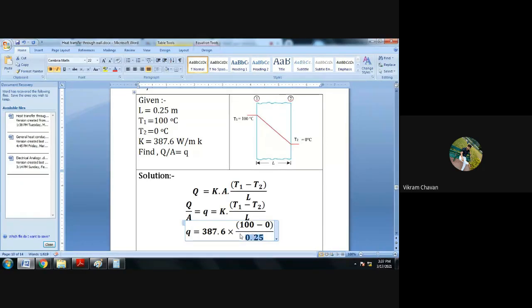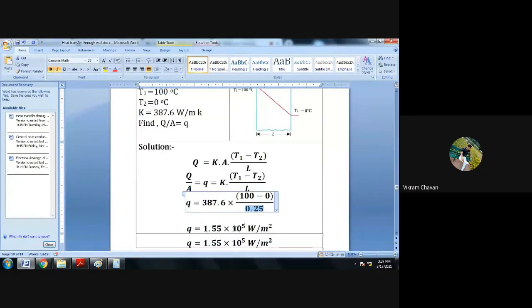And what will be the unit? Unit for heat flux. Watt per meter square. Right, watt per meter square.